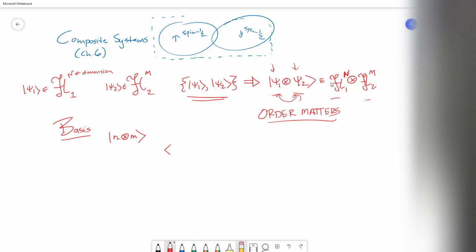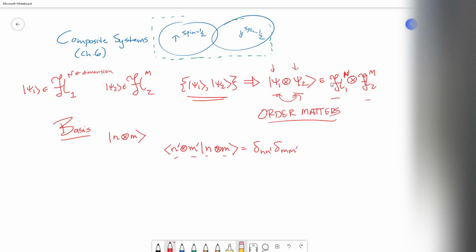And of course, it would be orthonormal, because you would just dot the individual pieces together, and you would get an orthonormal piece for the first Hilbert space and an orthonormal piece for the second Hilbert space.